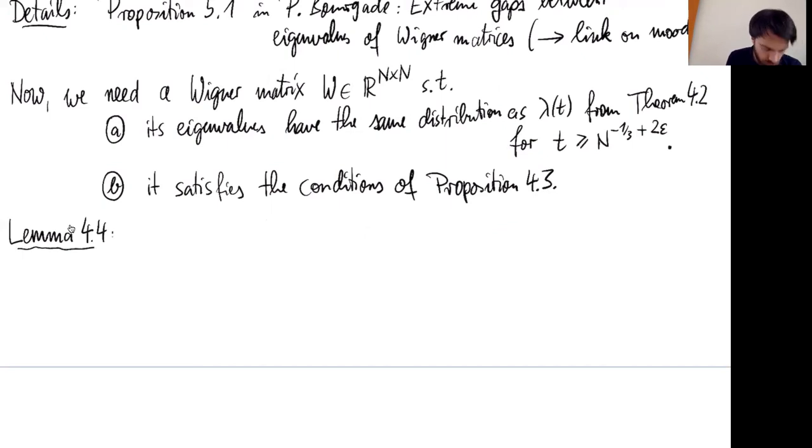That's some interesting observation. Namely, it means that if you start the matrix flow from a cleverly chosen Wigner matrix, then you can match the first 3 moments precisely, and the 4th moment you can match up to this order t over n squared that we were looking for before.